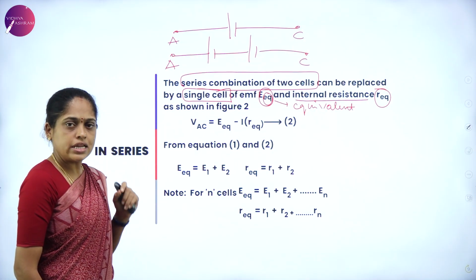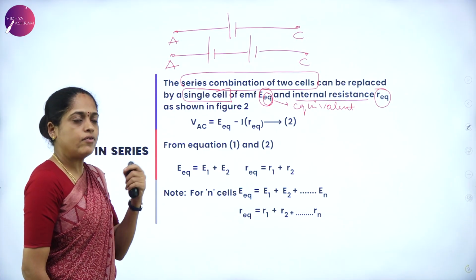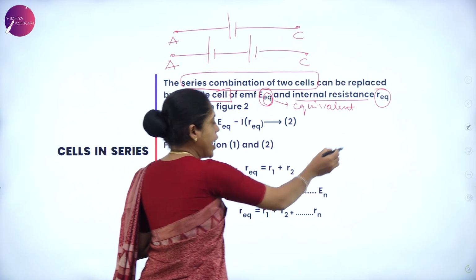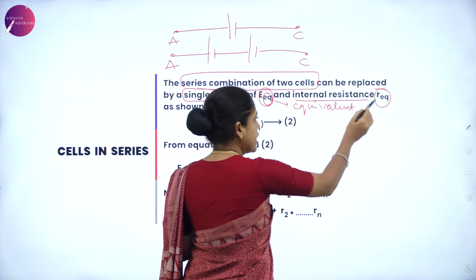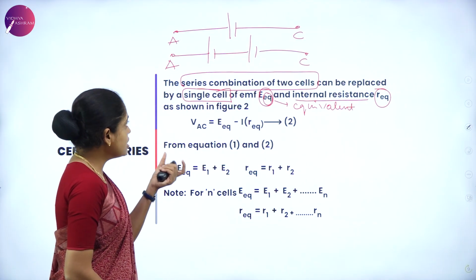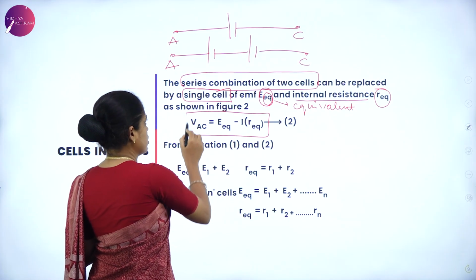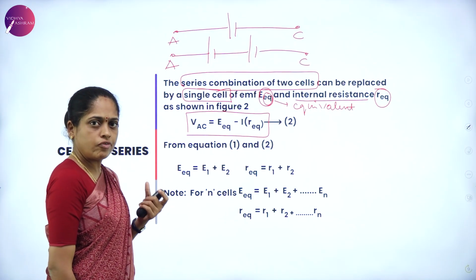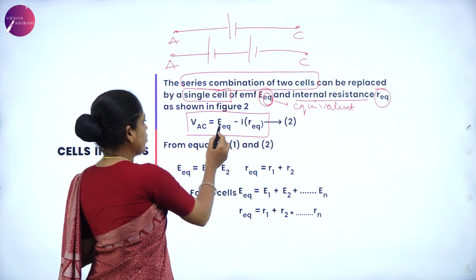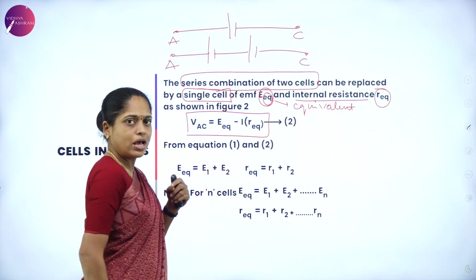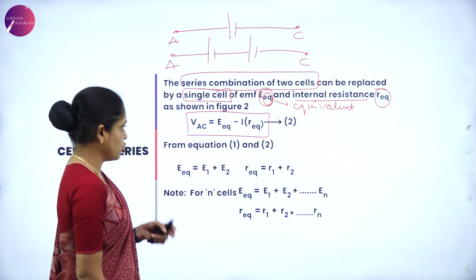That single cell is known as the equivalent cell, whose EMF is EEQ and internal resistance is REQ. Now, for the single cell, what is the terminal potential difference? The terminal potential difference V is given by EEQ minus I REQ. Consider this as equation 2.